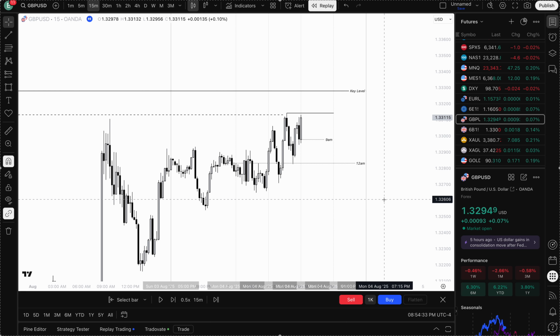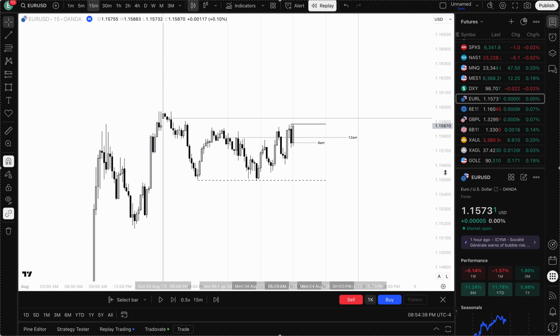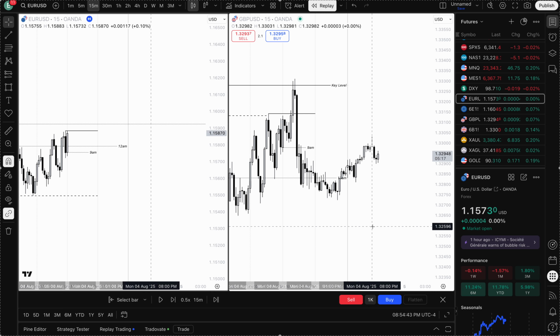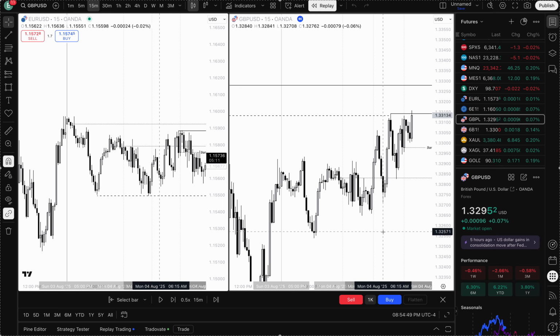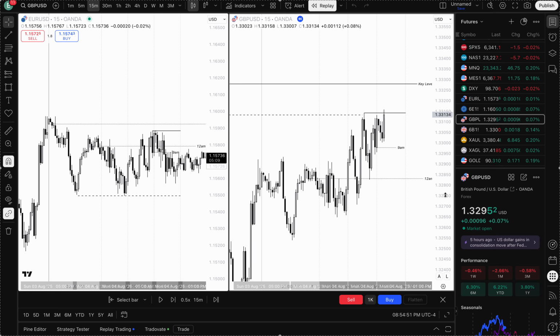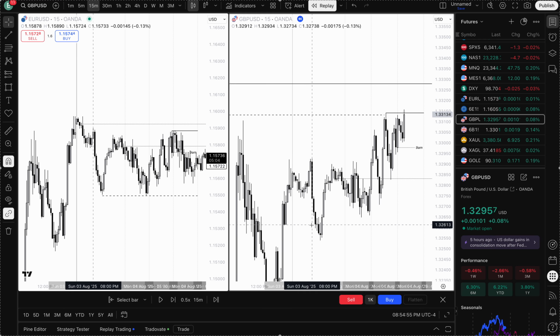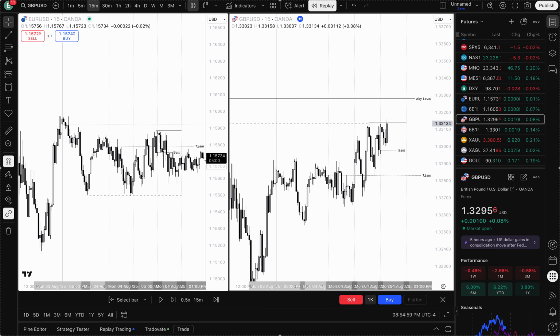Now, I do want to mention before we go further, I was also watching EU to give confluence on this trade. And now you can see, let me overlay... here we are. All right, well, I guess I can only replay one at a time. But just follow me here. Here's the open, right?